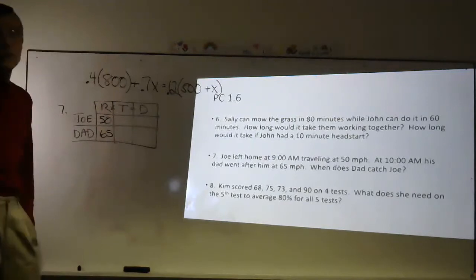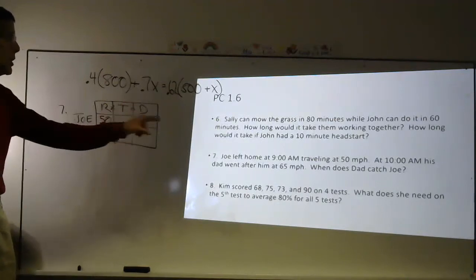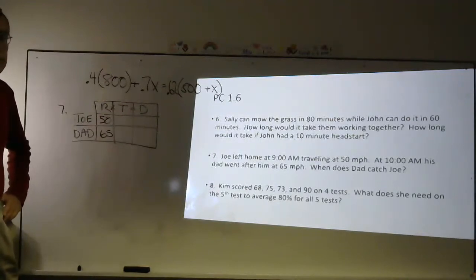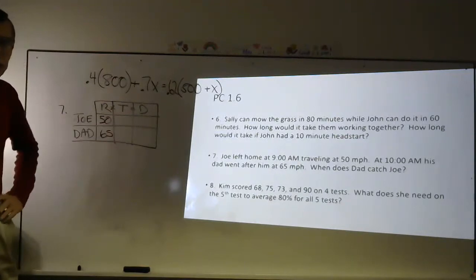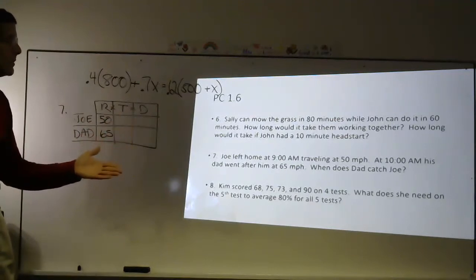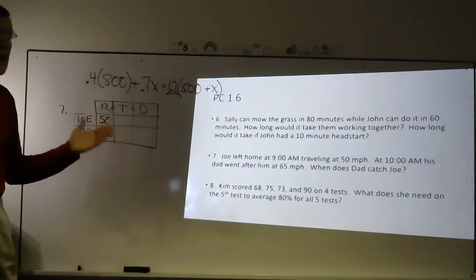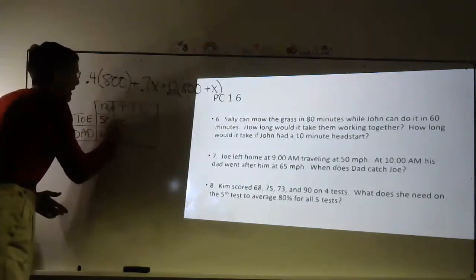Now, assuming Dad's on the same road, he will catch up to him because he's going faster, right? All right. Joe left at 9 o'clock in the morning. That does not mean he was on the road for 9 hours. It doesn't say that at all. He left at 9 o'clock in the morning. When does Dad catch up? I don't know. I don't know how long Joe's on the road. X.